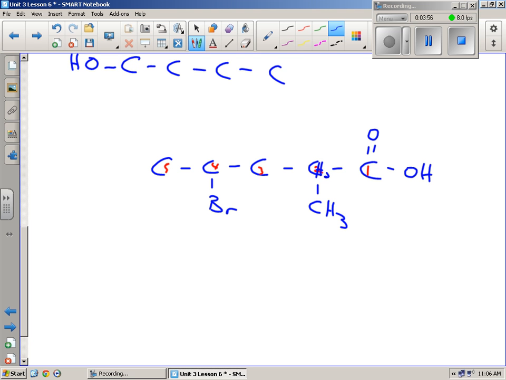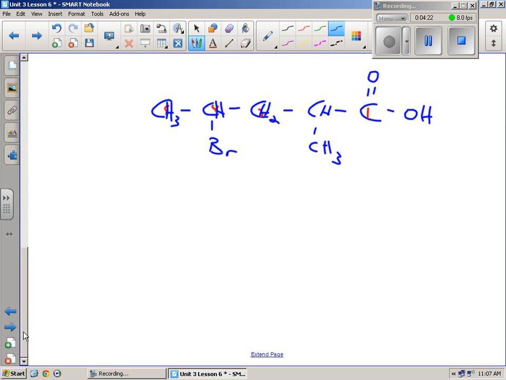So that's 1 there, 2 there, and 3 there. Good? These ones are actually kind of easy, right? Because they're basically what we've done before, except with the oic acid part at the end.